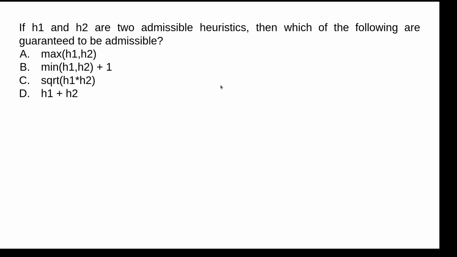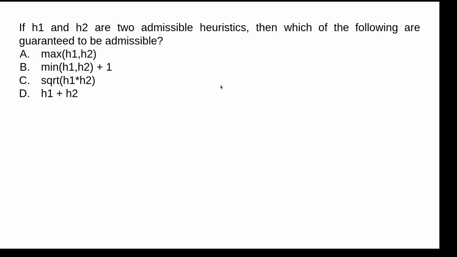What about option C? It is the square root of H1 times H2. You have two admissible heuristics, you multiply them, and after multiplying you take the square root. Will it be admissible or not? If we multiply, we get a function H3, let's say, and we take the square root over it.